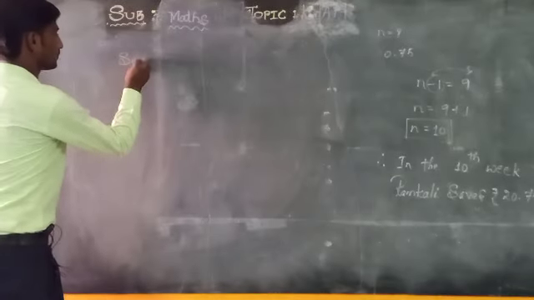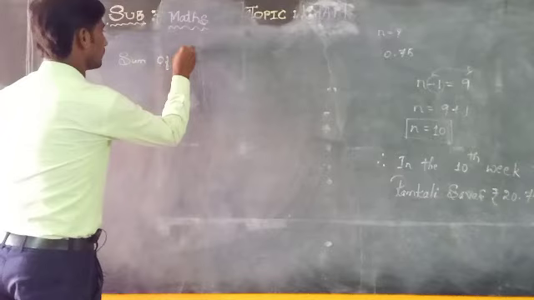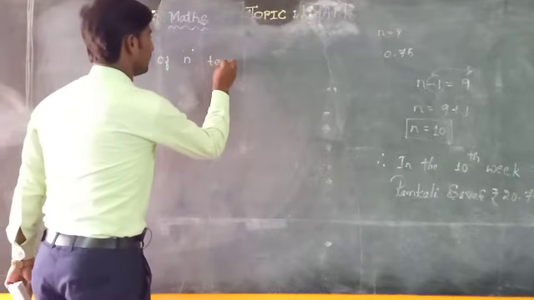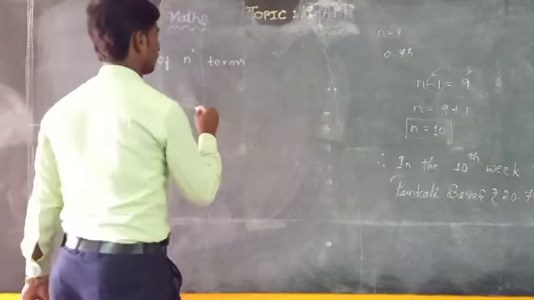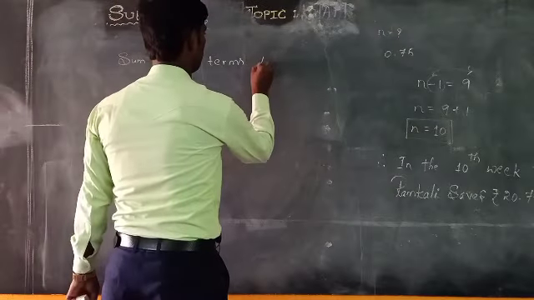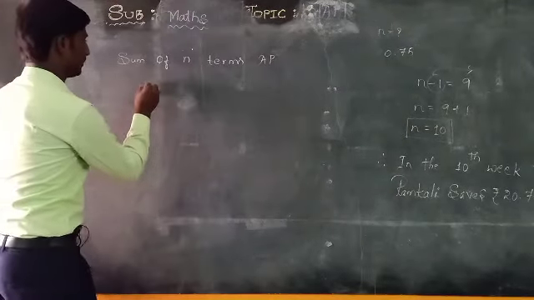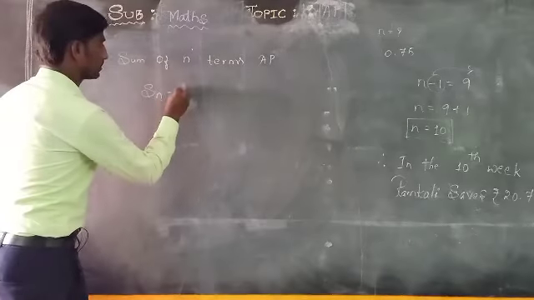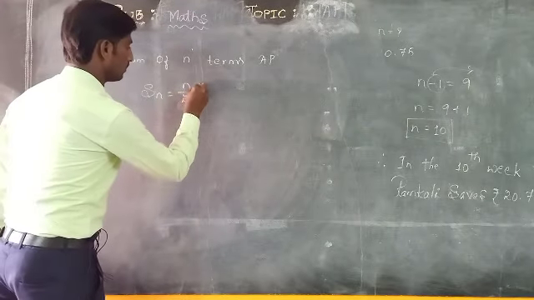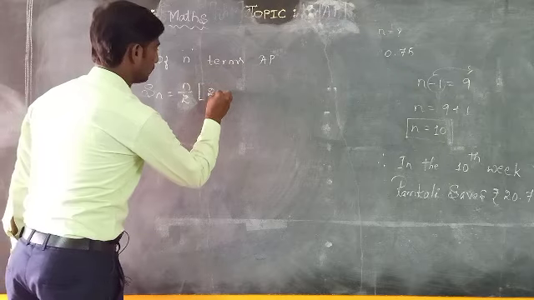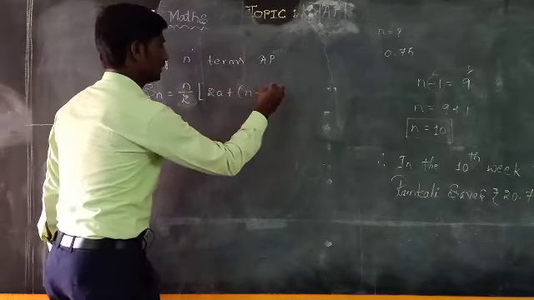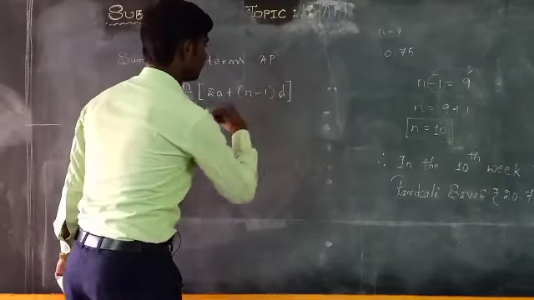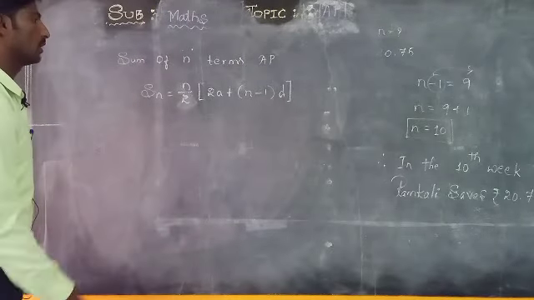Now, sum of n terms of AP. I think I already gave this formula in the last class. Sum of n terms of AP: Sn is equals to n by 2 of 2a plus n minus 1 of d. We also call it the parent formula.